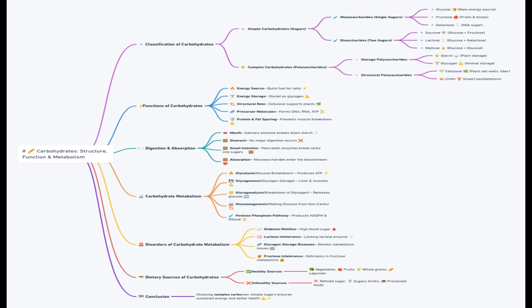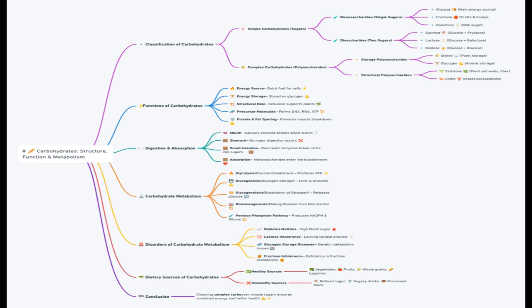Starch and glycogen are storage molecules. Chitin and cellulose are structural molecules, and cell surface polysaccharides are recognition molecules. Right, so the structures and roles of some polysaccharides.